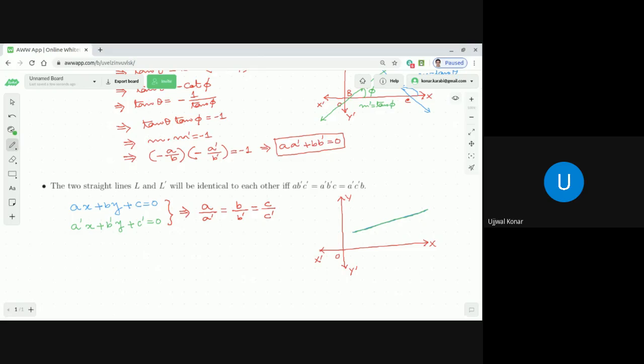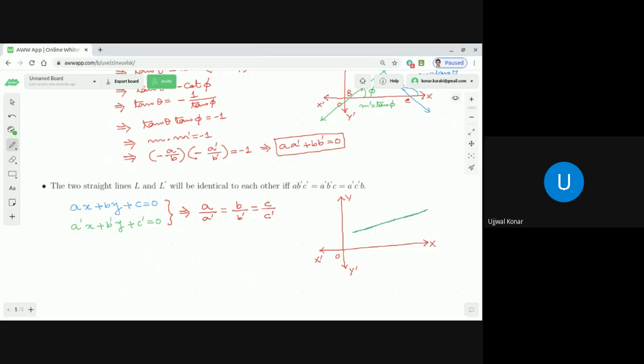that when two linear equations of two variables are going to have an infinite number of solutions, dear students, think about ax plus by plus c is equal to 0, a linear equation in two variables, and a dash x plus b dash y plus c dash equal to 0, that is also a linear equation in two variables.